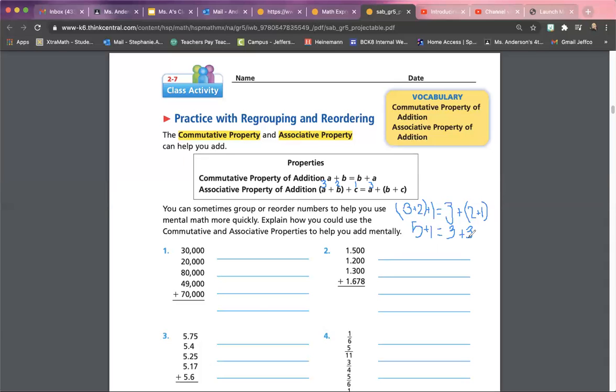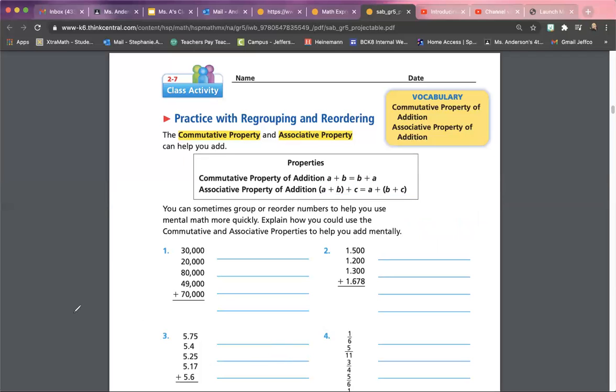Once you get multiplication into the mix, your parentheses inside and outside are going to make a difference. But with addition here, it doesn't matter. Yes, we have on this side 5 plus 1, the way that the parentheses worked out. And on this side, we have 3 plus 3. Either way, it's still 6. So we can reorder these numbers and it doesn't make a difference.